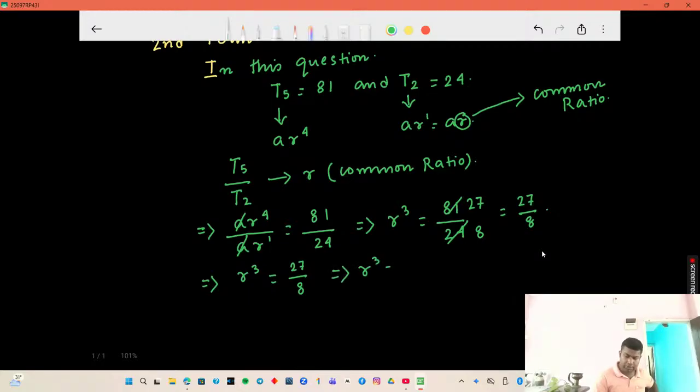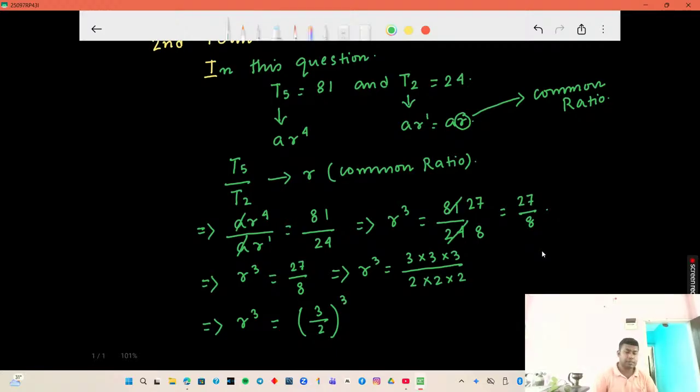R cube is equal to 3 into 3 into 3 divided by 2 into 2 into 2. If we calculate 3 into 3 into 3, it is 27, and 2 into 2 into 2 is 8. So r cube is equal to 3 by 2 whole cube. Okay.